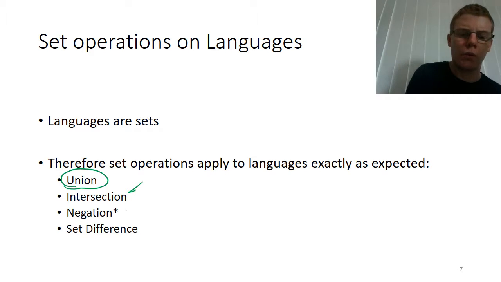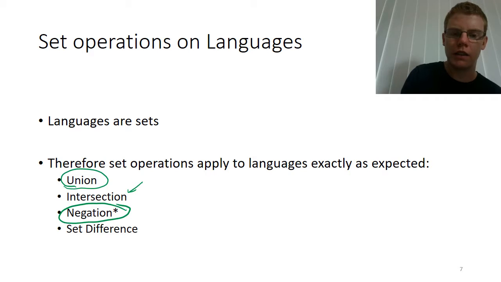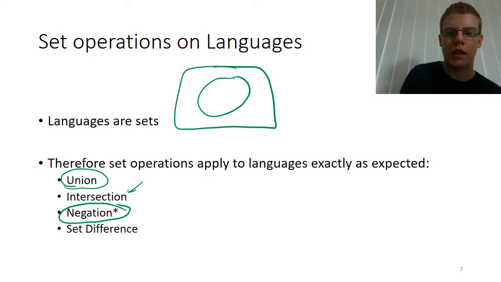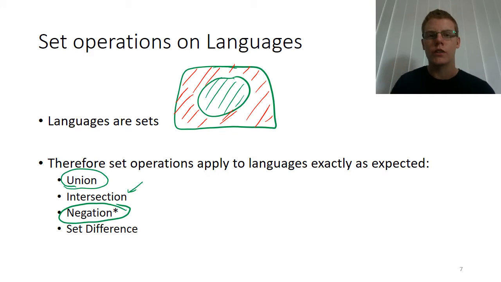Negation is an important one because when we talk about the negation of a set, it is all of the elements that are not in that set from some universe. So we always do these Venn diagrams when we're talking about this, where we've got the set that we care about in here, and then the negation is all of the stuff not in that set according to some universe, which we represent using that rectangle.